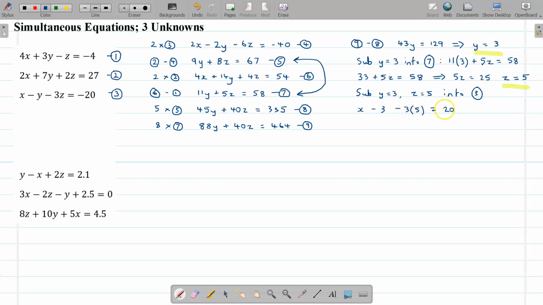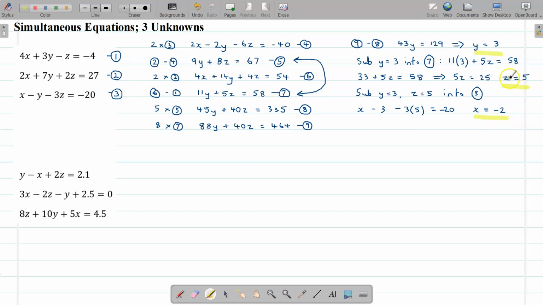Add 18 to both sides. Oh, that's minus 20 there, of course. So I've got minus 20 plus 18. That's going to give me minus 2. So x equals minus 2. And that is the solution set for those simultaneous equations.